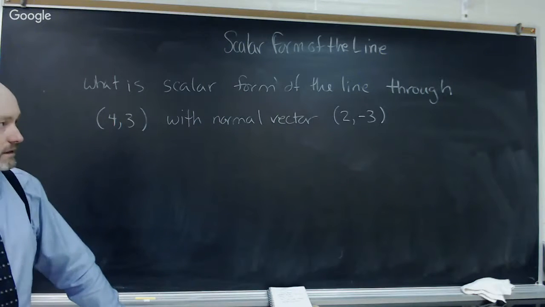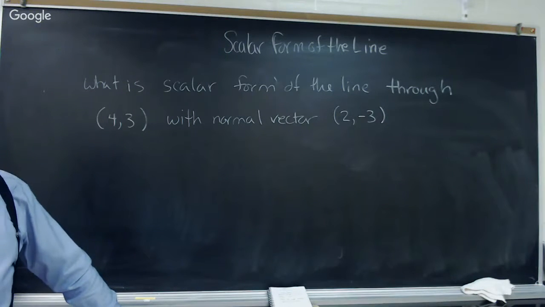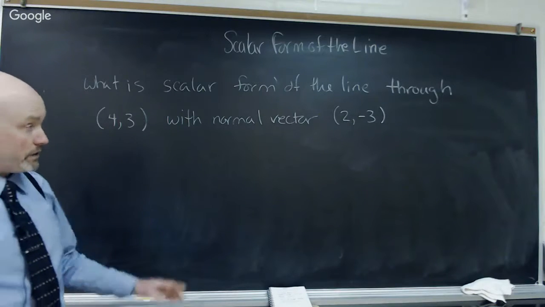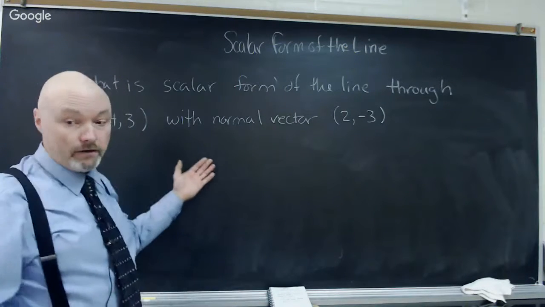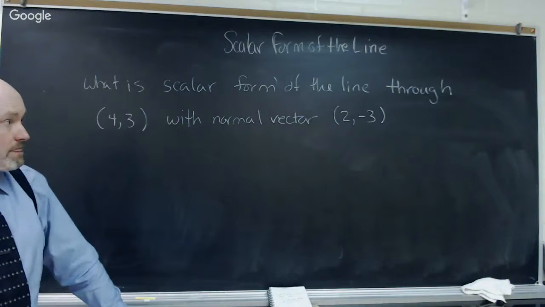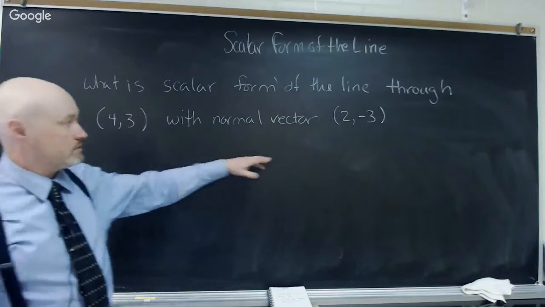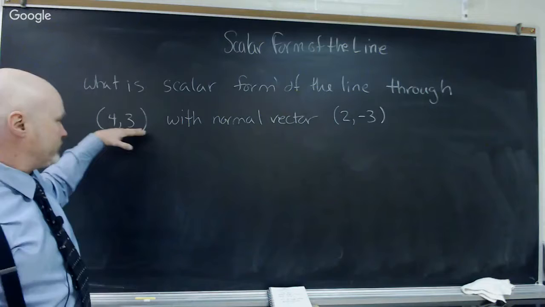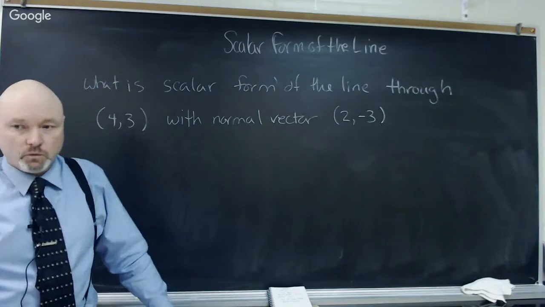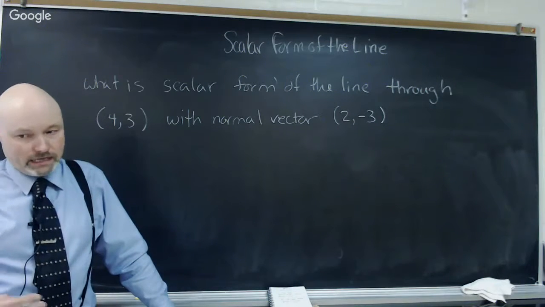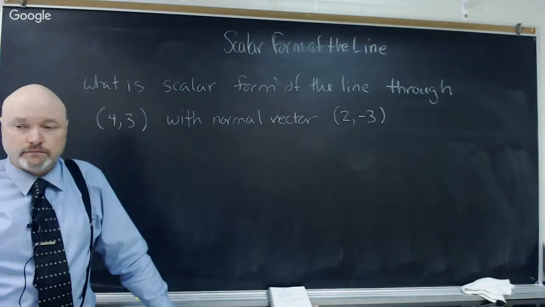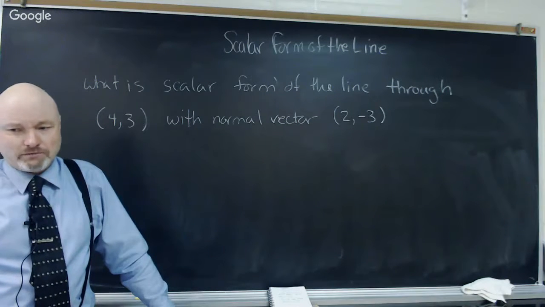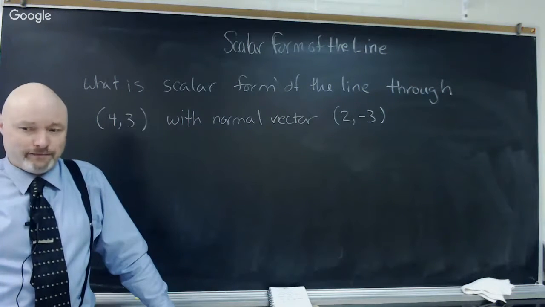And I can tell you right now, there are a lot of different ways of doing this. We could do it just the way we did it last time. Because we have numbers both for the normal vector and for a position vector, we would be able to calculate what that C is. But that seems like a lot of work to me.